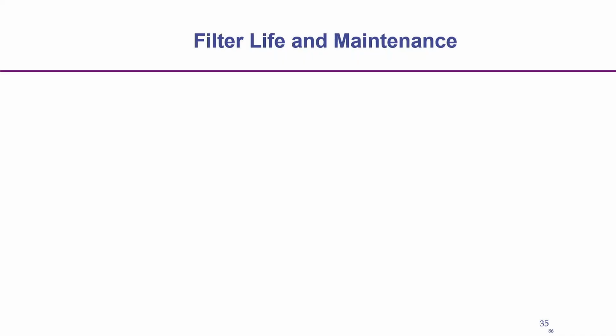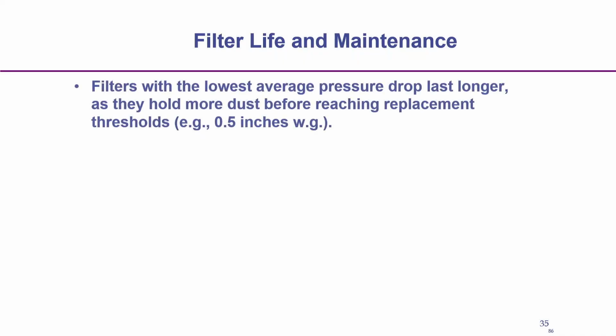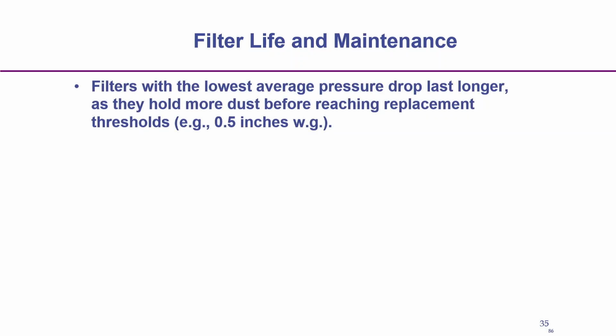Filter life and maintenance. As the pressure drop increases, a filter with a lower average pressure drop will last longer, as it holds more dust before reaching replacement. Also, a higher pressure drop will unnecessarily apply a higher load on the filter itself.